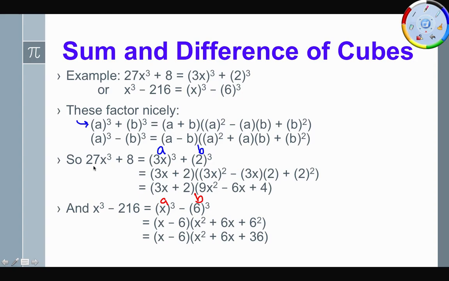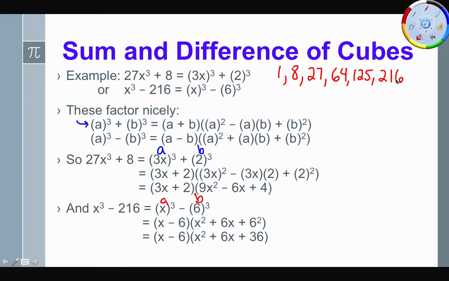All right, so it's a good idea to know your cubes, your cubic numbers. If you need to look that up, you can, but the good first few cubic numbers that we need to know are 1, that's 1 cubed, 2 cubed is 8, 3 cubed is 27, 4 cubed is 64, 5 cubed is 125, 6 cubed is 216, and usually those are the biggest the numbers get for us.